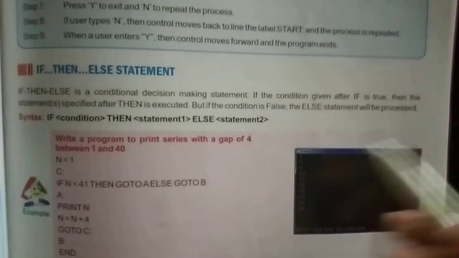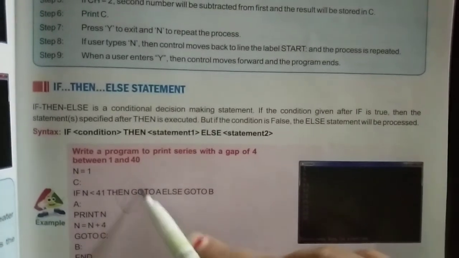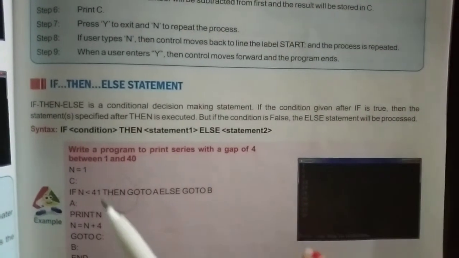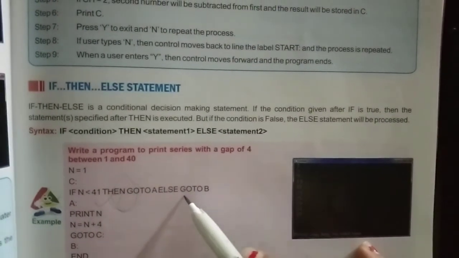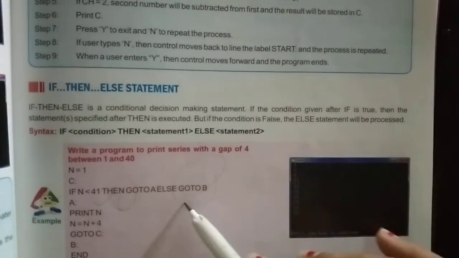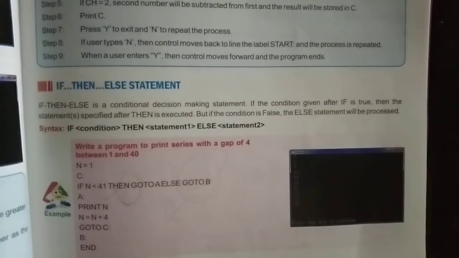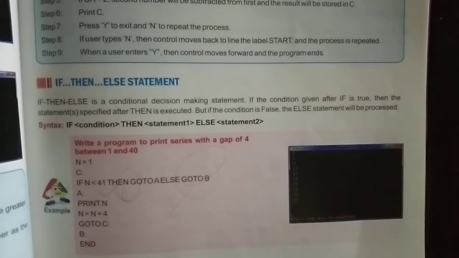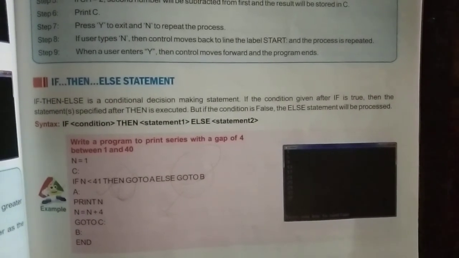See here, I can put a condition, that is then, meaning if the n value is less than 41, then it goes to else, go to b. So this is called a condition. According to our own choice, we can put various types of conditions for the execution of the program.